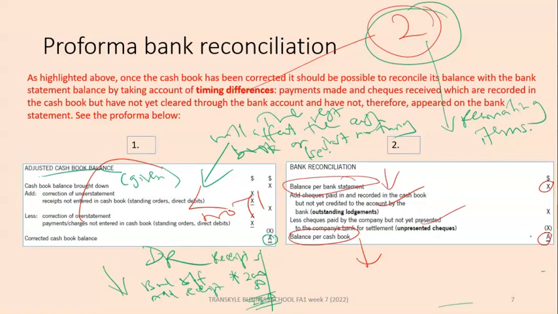It's simple, isn't it? So if you start with the balance per bank statement, you then have to add outstanding lodgement. Sometimes, in layman's language, outstanding lodgements are receipts not yet banked.